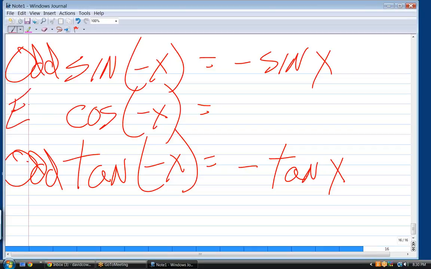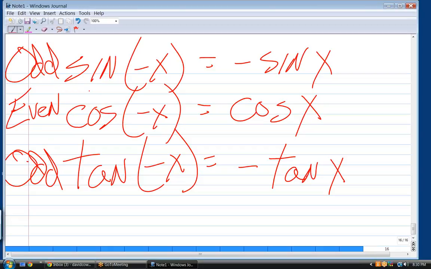Cosine is even. Cosine of negative x equals cosine of x. Okay. And the reciprocals share the same odd-even property.